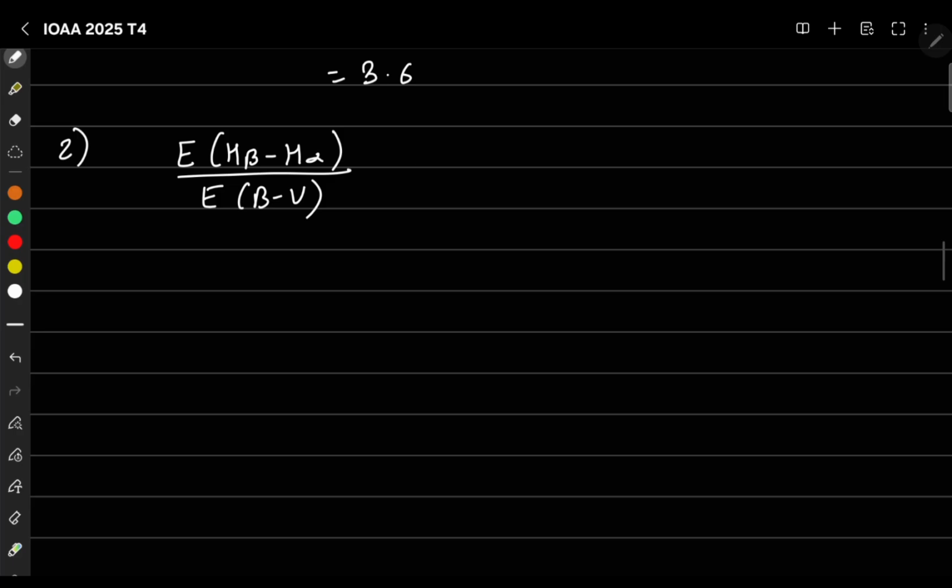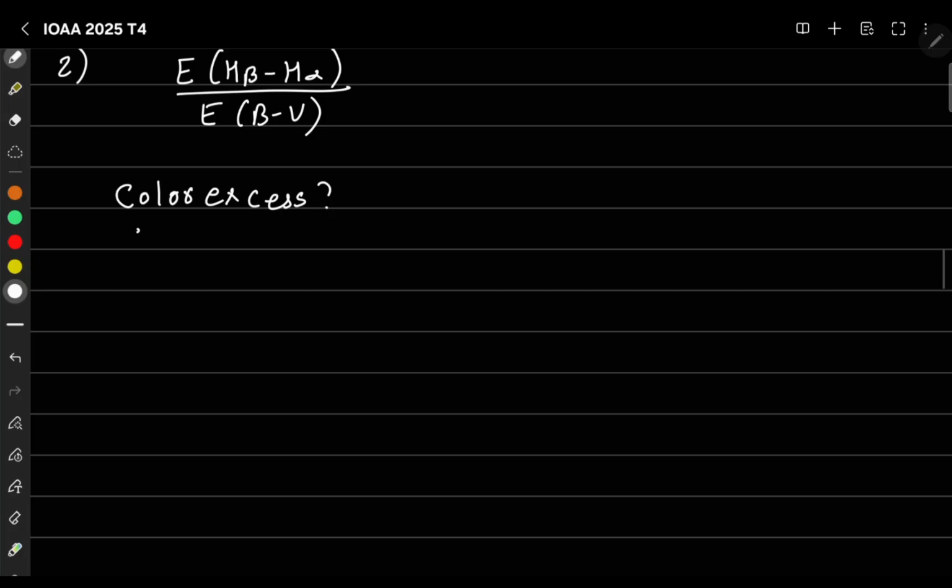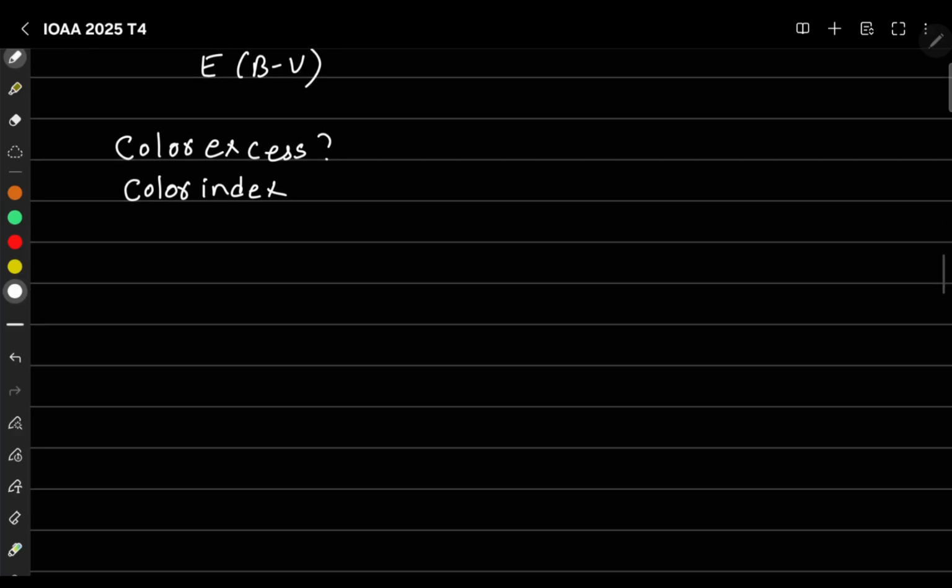Before solving this question, let us know what color axis means. Before understanding color axis, we need to understand color index.